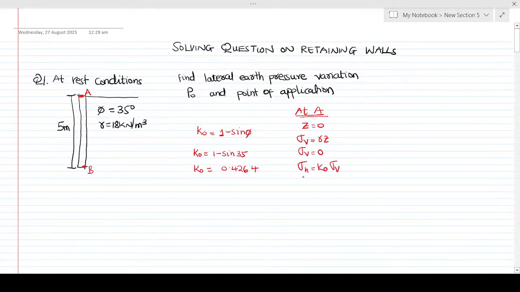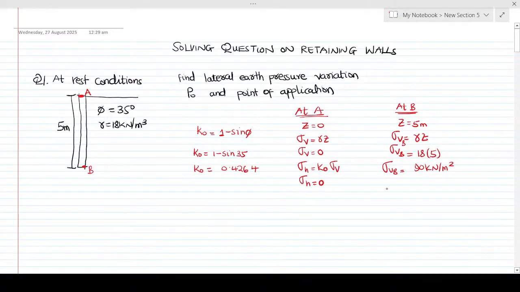Now if this is wrong then the system is equal to, and I go to B is equal to x. So then my vertical stress is gamma times the depth, equal to the vertical stress was 90.